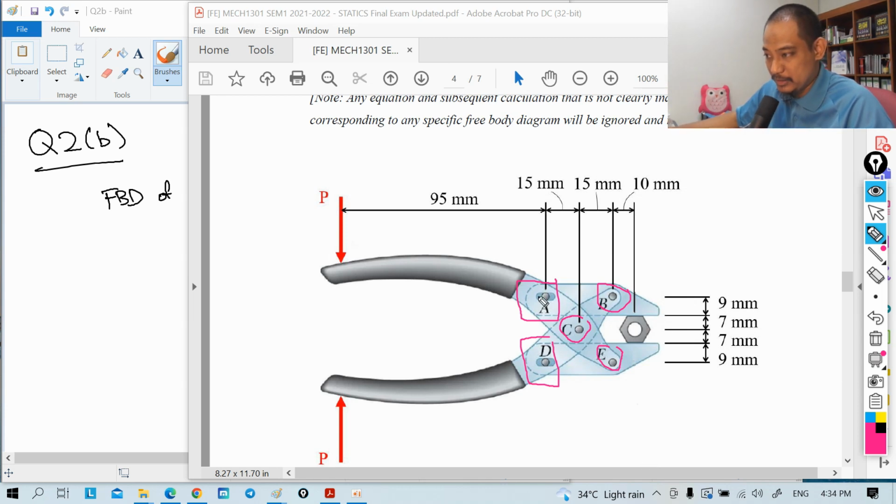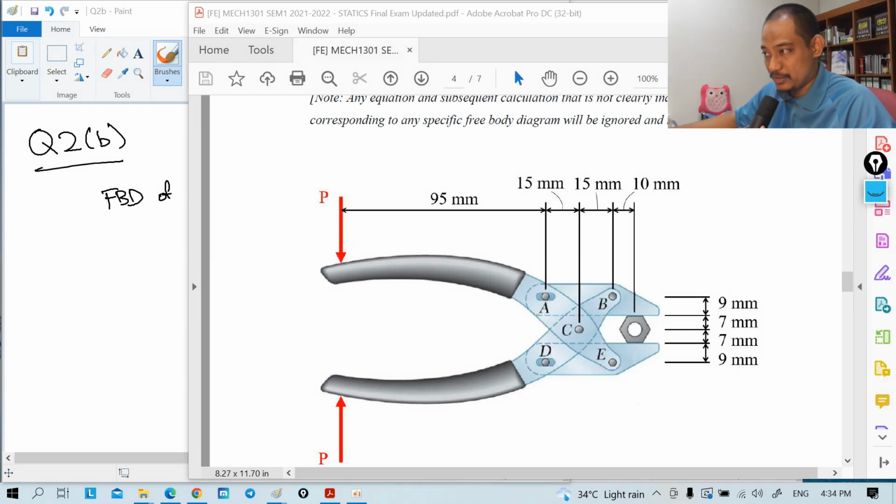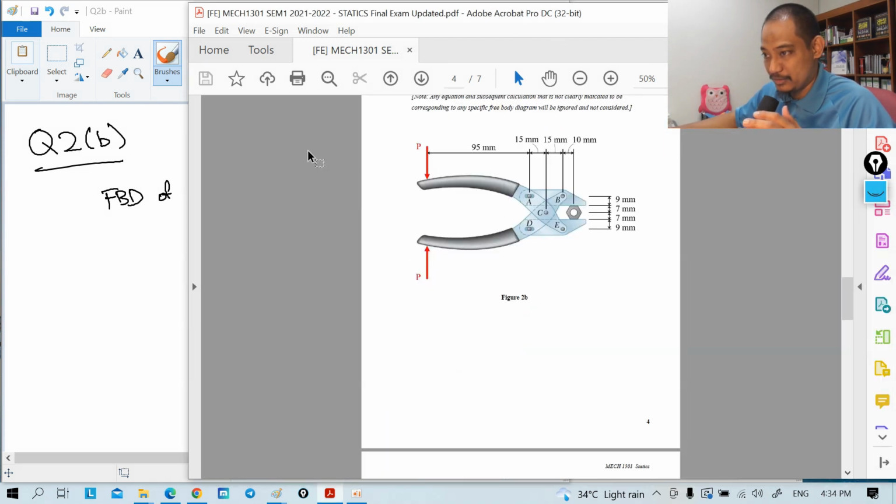If you zoom in, it is something like this, where this pin is free to move here and here, but is restricted from vertical movement. So the reaction is always the normal reaction in the vertical direction, right? Hopefully that is clear from what we have covered in the semester.